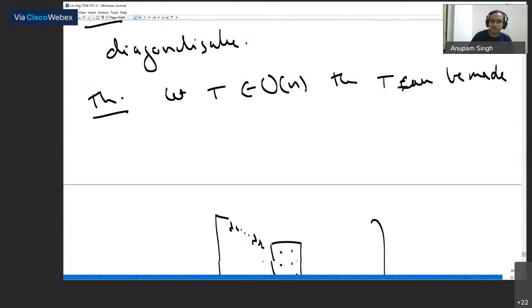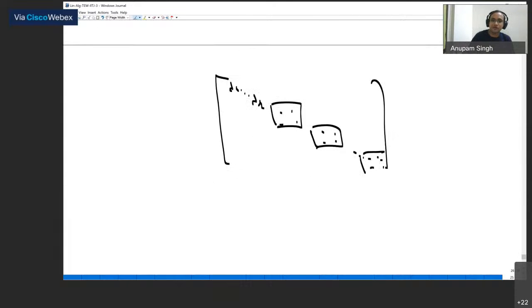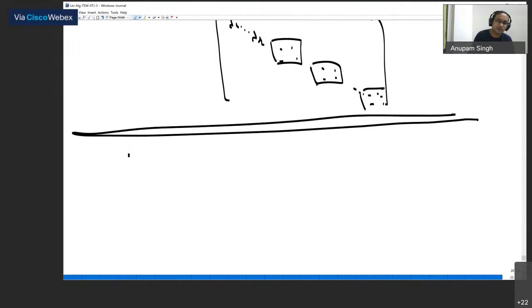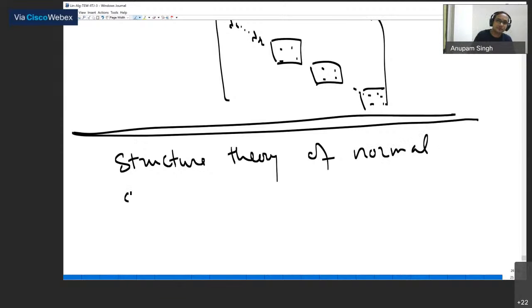But in this case these are quite important theorems, and this will follow from what is called the structure theory of normal operators. We will define what is a normal operator.